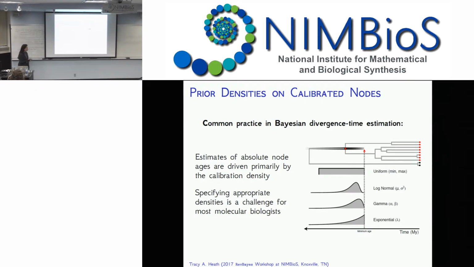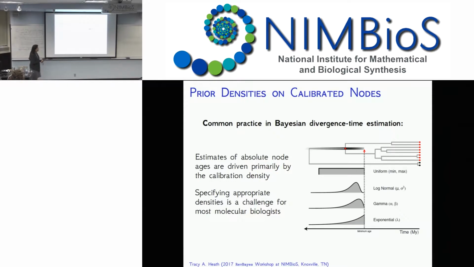In BEAST and MrBayes, what's typically done for these calibration densities is that they apply a second prior to that node. So even if you're describing your uncertainty in the age of this fossil to be shaped like a gamma distribution, the induced prior, by having these two things acting on this node, is potentially really different. And if you have multiple calibrations throughout your tree, those will also interact in certain ways.